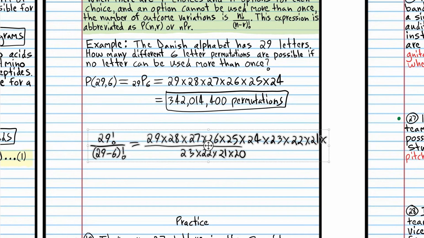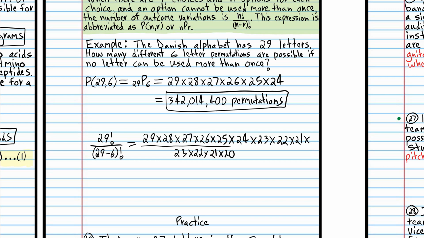But the problem is we don't want to keep going. You see, we want to stop at 24, so how do we do that? Well, we do it by dividing out all the terms that we don't want. So we don't want this string here, 23 all the way to 1. We want to cancel that out, you see. So what we do is we calculate 23 factorial in the denominator, and the yellow parts cancel out, so you're left with the blue part, which is what we want.